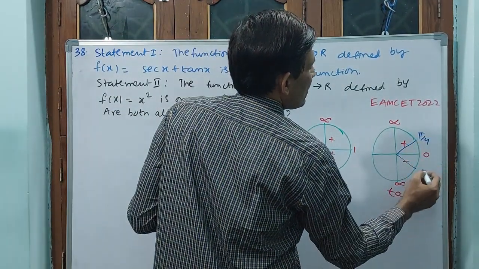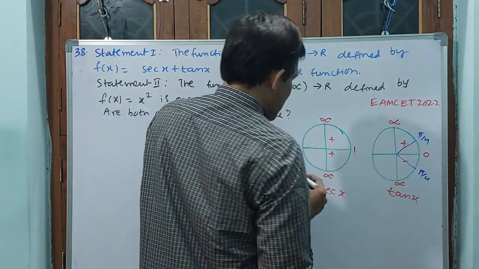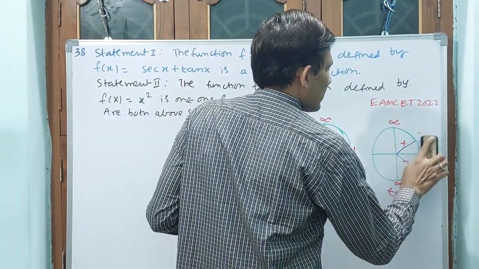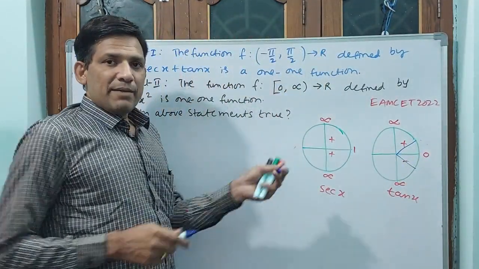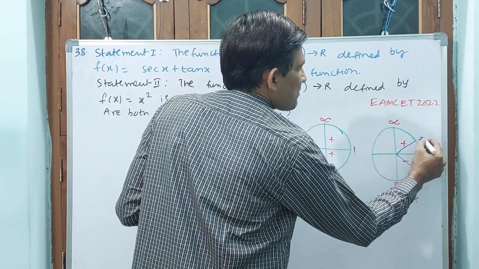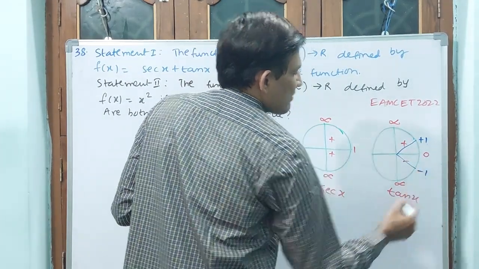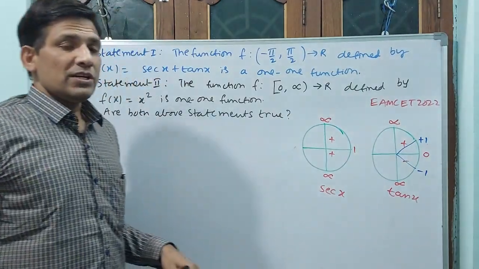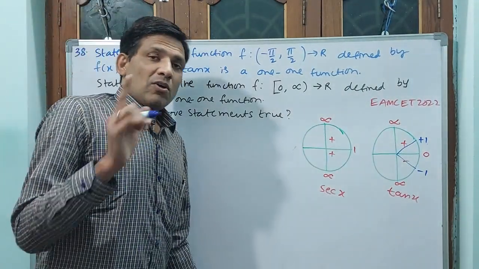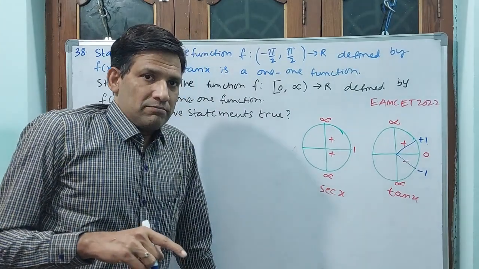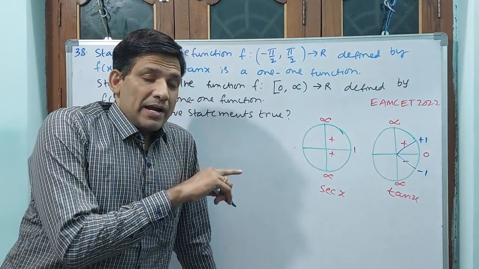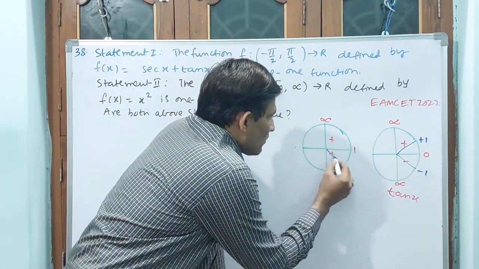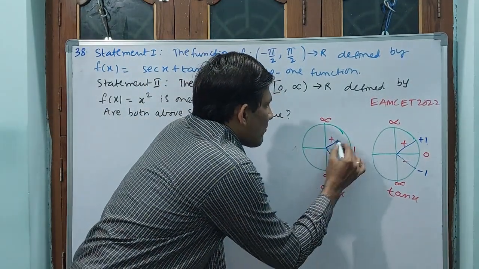Actually I am not writing angle, I want to write values only. See, tan pi by 4 value is plus 1, minus pi by 4 value is minus 1. But here secant pi by 4: cos pi by 4 is 1 by root 2, and secant pi by 4 is root 2 by 1, that means root 2. Both areas root 2 will come.